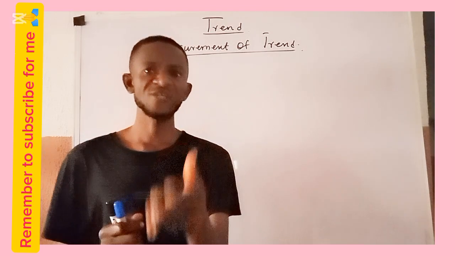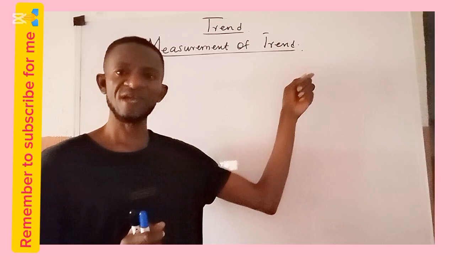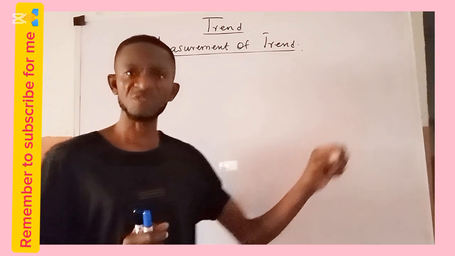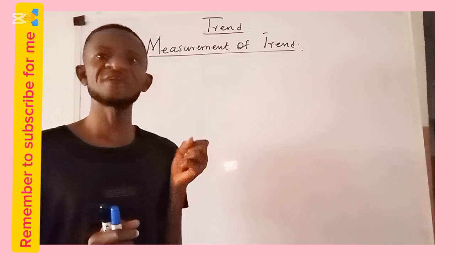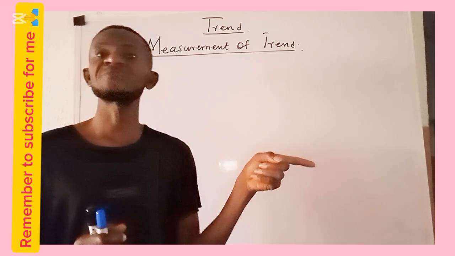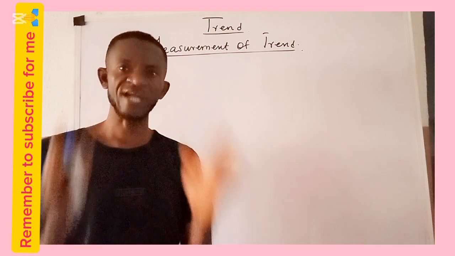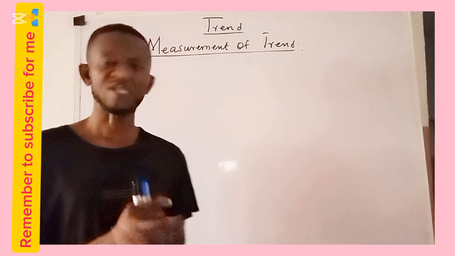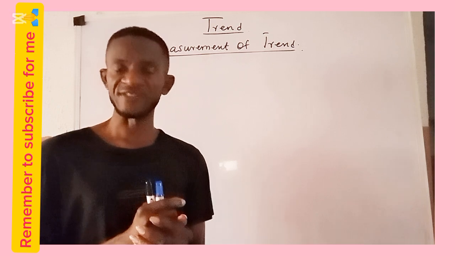That's the reason why today we are talking about measurement of trend: how we can measure the effect of trend before we can then talk about removing this effect of trend from the time series observations in order to carry out time series analysis. That's what we have on the board today, measurement of a trend.